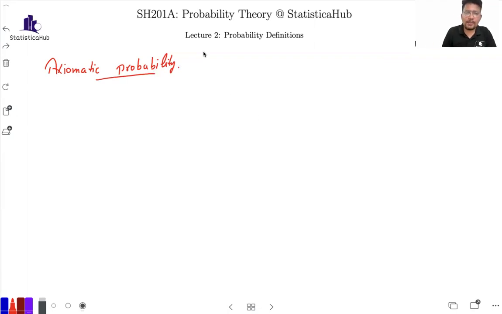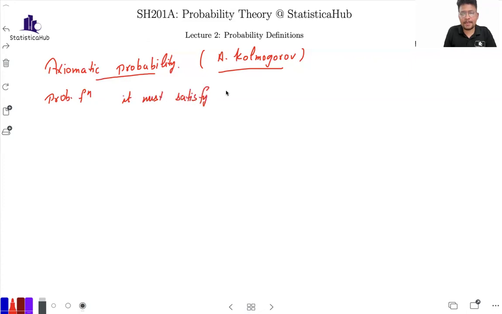The axiomatic probability was given by A. Kolmogorov, the scientist who gave this concept, and he defined that the probability function must satisfy the following axioms.